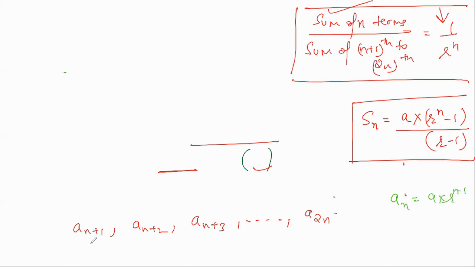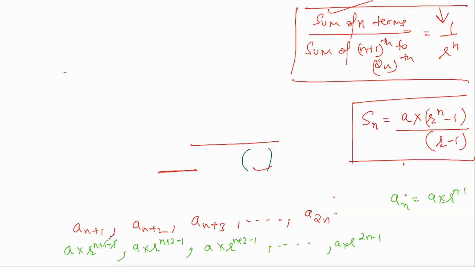So the formula for a of n plus 1 will be a times r raised to the power n plus 1 minus 1. Similarly for n plus 2, a times r raised to the power n plus 2 minus 1. Similarly, a times r raised to the power n plus 3 minus 1. The last term will be a times r raised to the power 2n minus 1. You will see 1 cancels out with 1, and 2 minus 1 is 1.